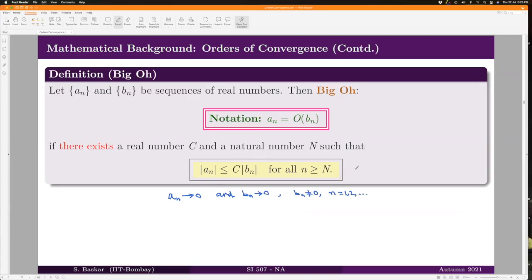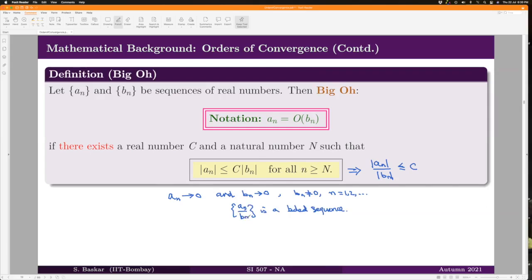Then this definition says that mod an divided by mod bn is bounded by this constant c, right? So I can divide both sides by bn because bn is not equal to 0. That means the sequence an by bn is a bounded sequence. This is an implication of this definition.